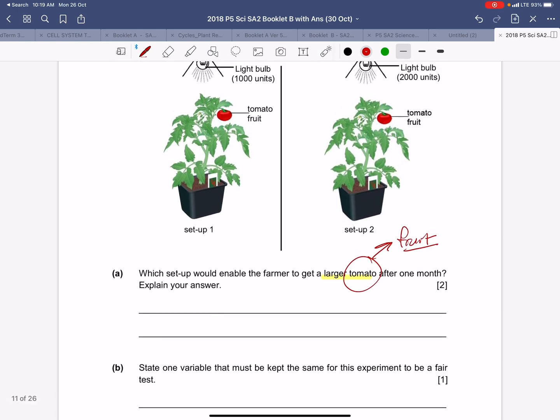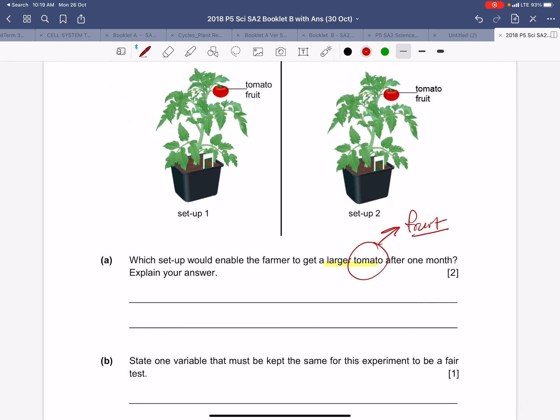So how would your answer look like? First thing, you're going to say setup 2. Once again, sometimes they don't have marks for just identifying a setup. Your explanation needs to be there.